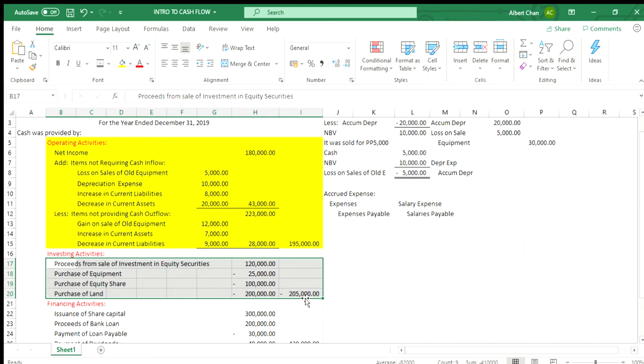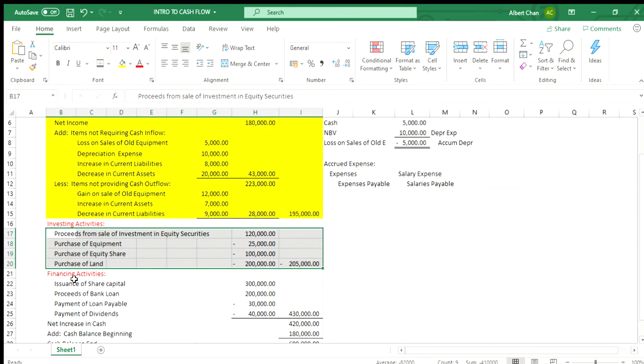For investment in debt securities, you will be receiving interest revenue. The non-income generating ones are, for example, purchase of equipment or purchase of land. We use them in operation. They will not generate income, but you use them in your operation. So these will be part of the investing activities, no?